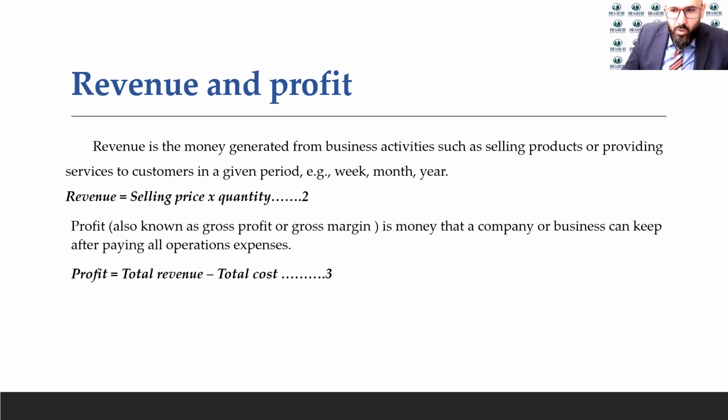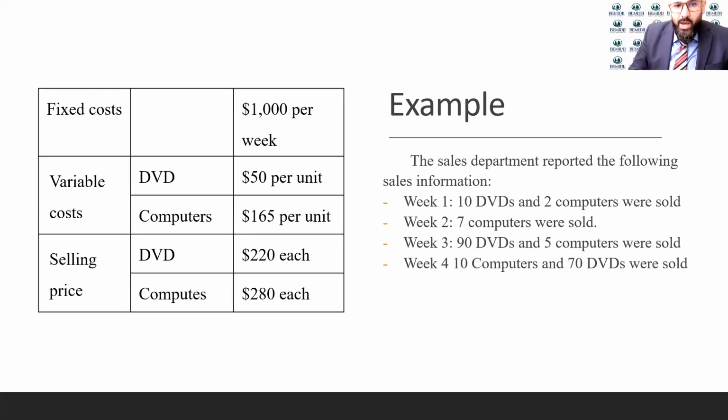Now let's take an example of how we could calculate the net profit in this case study. We have an example where a company is selling computers and DVDs, and they want to find out what the net profit is over the 4 weeks.